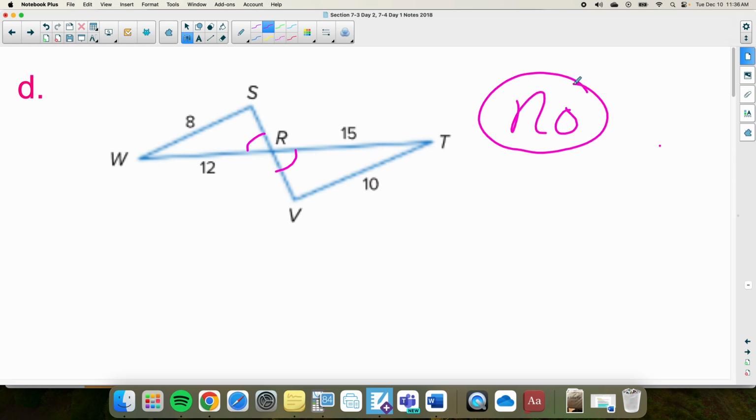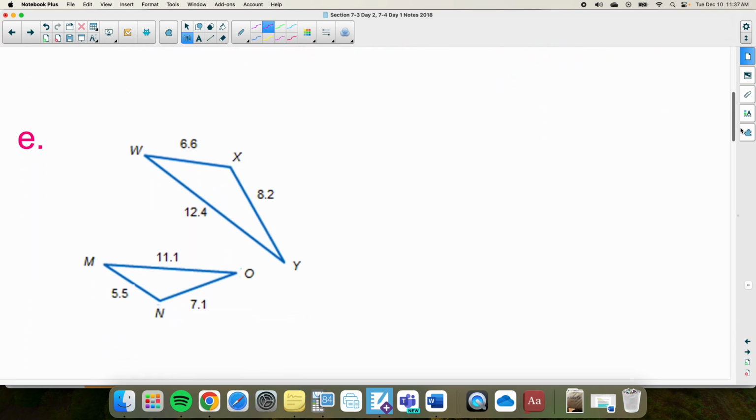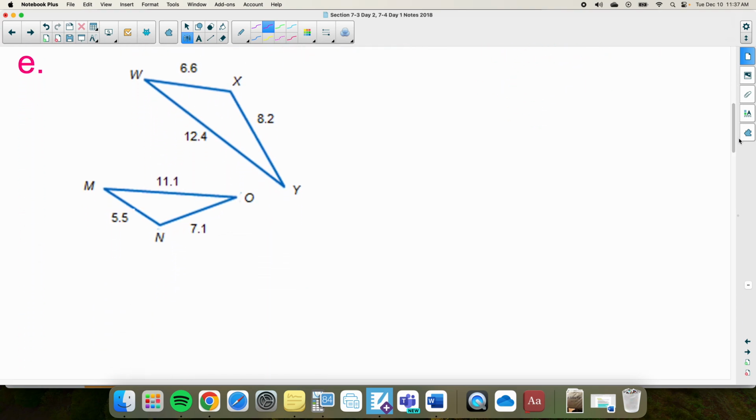Do you guys agree that the angles should be right here and right there? Everybody understand that? Okay. Now let's look at this one. If you have a graphing calculator, decimals shouldn't be a bother because you can just type it into your graphing calculator and it will reduce it.